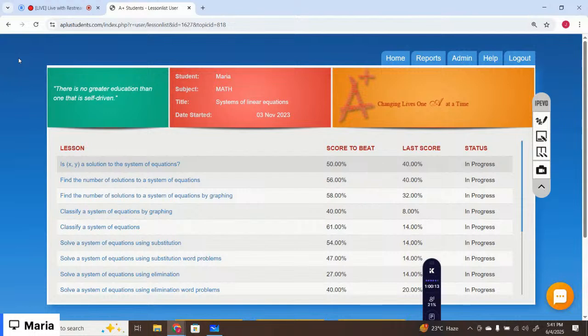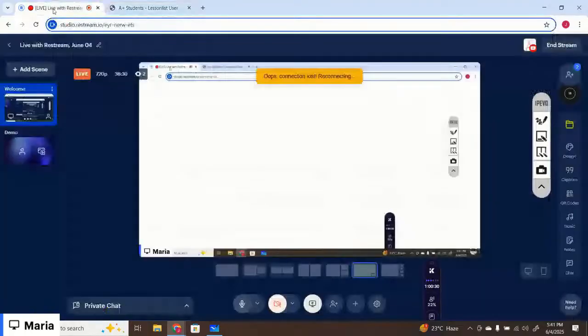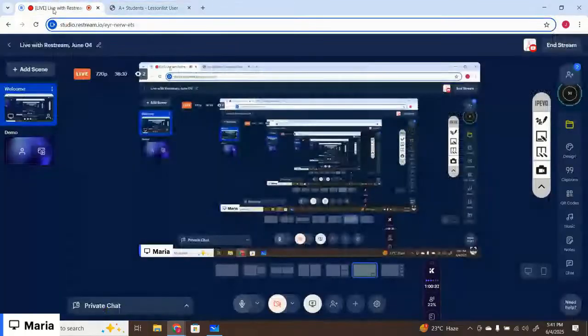The lessons we have covered today are solve a system of equations using substitution, solve a system of equations using substitution problems, and solve a system of equations using elimination. So in short, before the next session, you can complete all the practice questions for the lesson. That is your homework as a lab session.